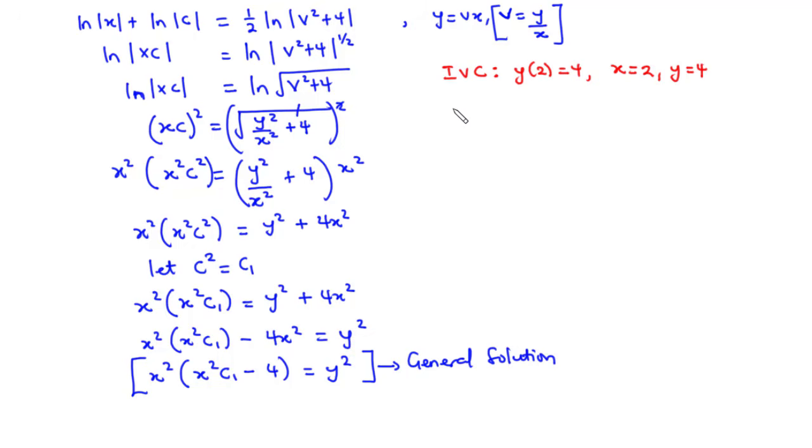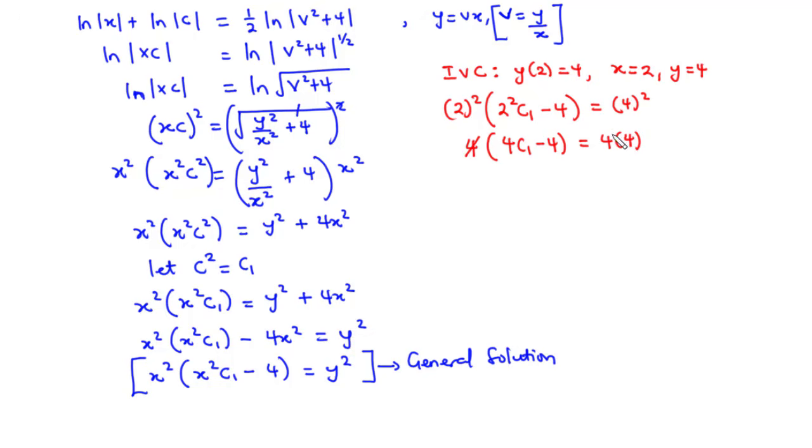So we are going to obtain, now we have x square here, so that's going to be 2 square times 2 square c1 minus 4 equals y square, that is 4 square, y is 4, so y square is 4 square. Now 2 square is 4, so 4 into bracket 4c1 minus 4 equals 4 square is 4 times 4.